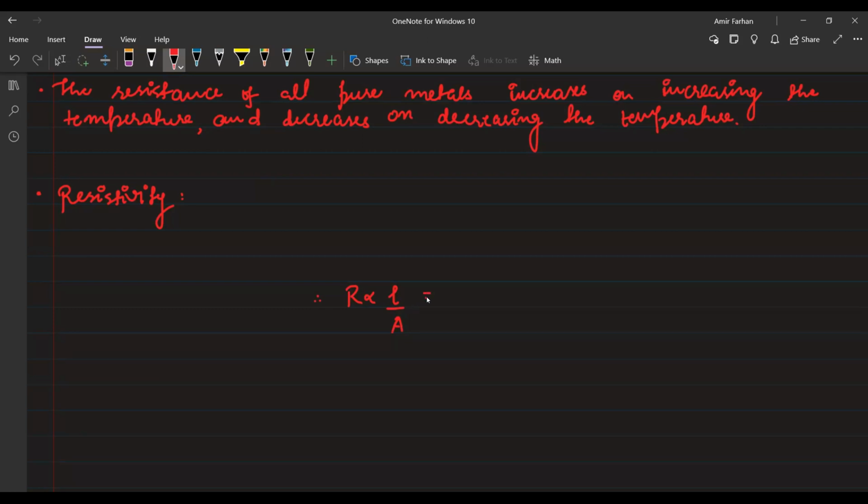And if I remove this proportional sign, one constant will be introduced, which is called the resistivity of the substance. Suppose you have a bank account. Everybody has one.